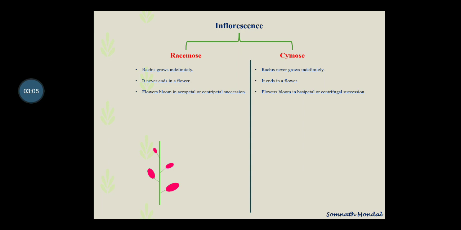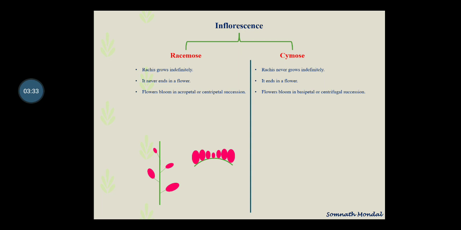That is why this is called acropetal. So flowers are blooming in acropetal succession. And if the rachis is suppressed, then we can say that the flowers present at the periphery are blooming or maturing first, and thereafter buds towards the center are maturing. So that is why it is called centripetal succession.